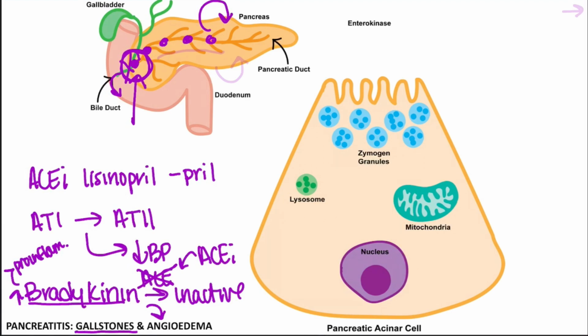So when the zymogens are secreted in the pancreas, they get backed up, they hang around to be inappropriately activated, and begin digesting the pancreatic tissue, leading to more damage and inflammation.